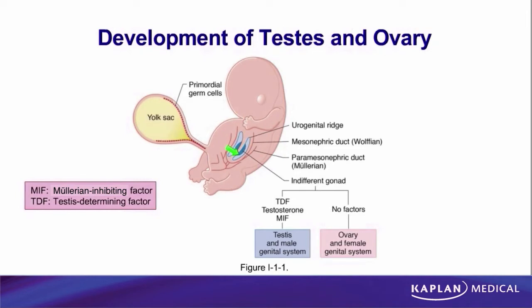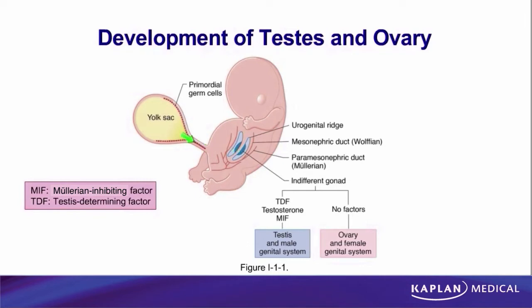But in addition to the fact that they will go on to become the gametes, those cells have another important role, and that is that their function is to induce this mesoderm to become a gonad. In other words, even though we're saying that this mesoderm is destined to become a gonad, it will not become a gonad unless it's induced to do so by the invasion of these primordial germ cells.